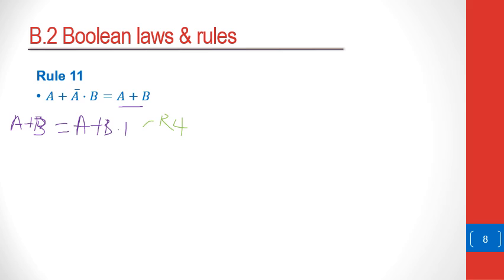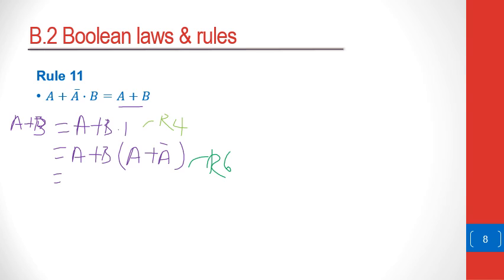And then from there, we can have A or B and A complement. This is according to rule number 6. Remember, when you have a variable or its complement, you will always have a 1. So you can write that according to rule number 6.